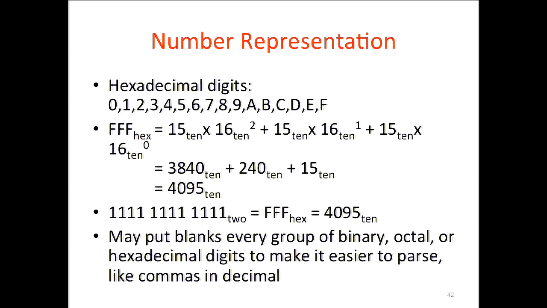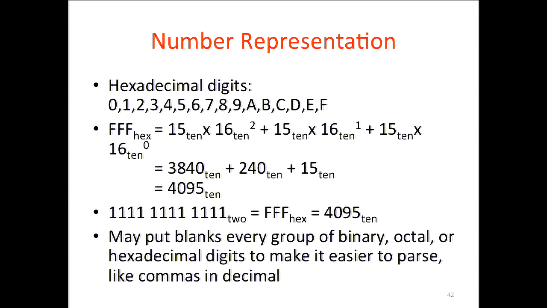hex. The first F on the left is 15 in decimal notation times 16 squared, right? Because it's the third position, so 0, 1, 2. So the base 16 gets a power of 2. The next digit is again 15, but the weight of that place is only 16 to the power of 1.